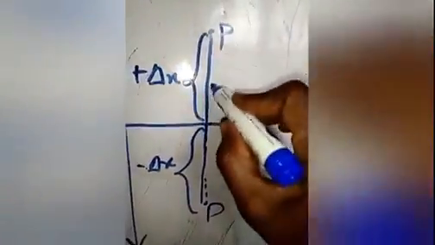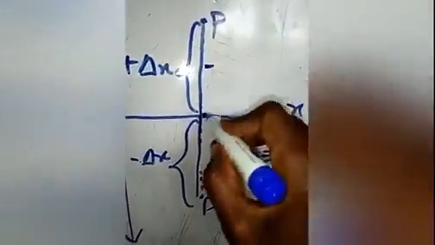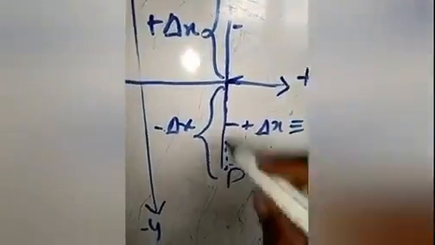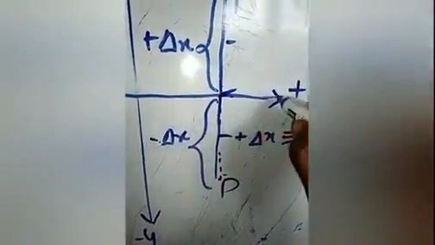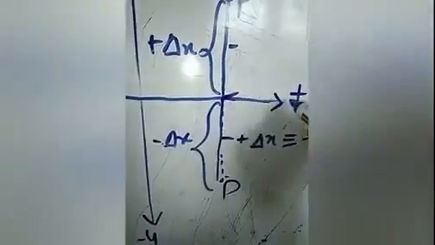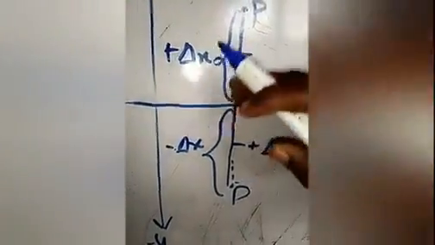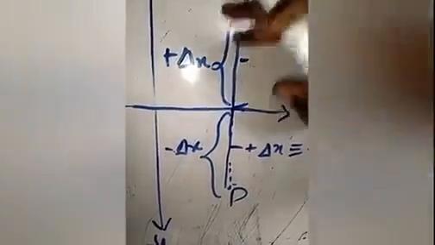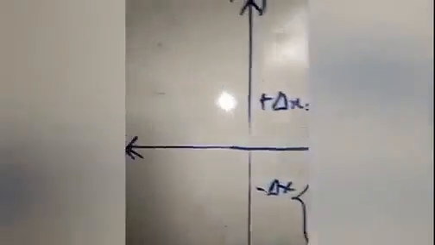So the unit taken here must be equal to the unit on this side. This is my mirror surface, or my line of reflection. So whatever distance I have away from the positive side of y should be the same distance away on this side.